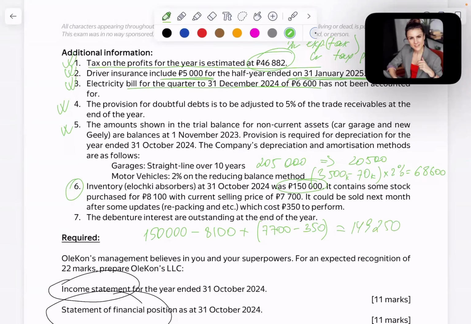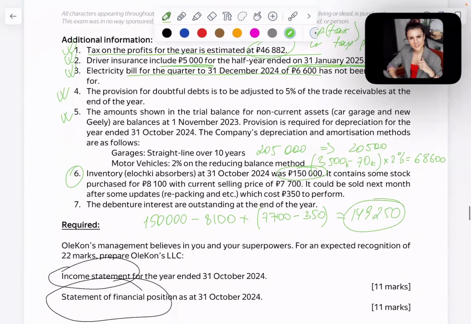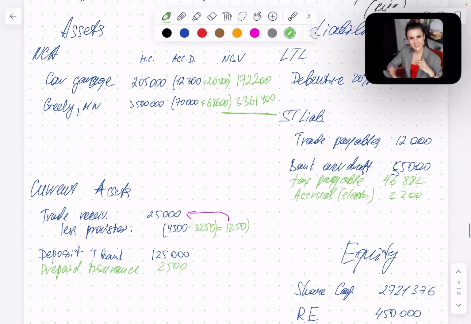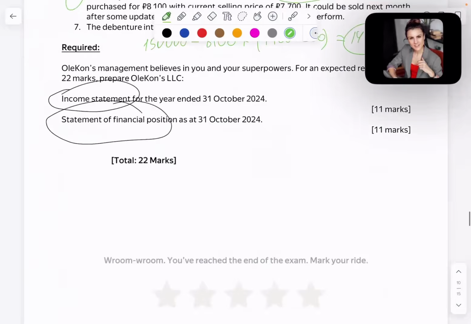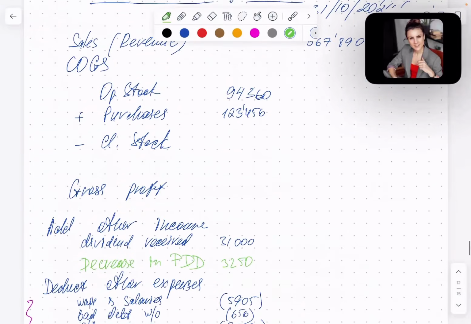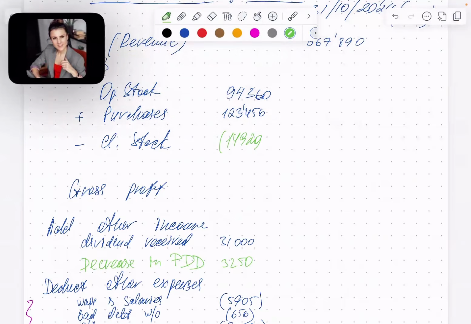And this amount should appear 2 times in our statements. It should appear as a debit, closing stock here, 149,250, and credit as closing stock in the income statement for the purposes of calculation of cost of sales. Wait, I'm sorry, I mistook the amount, 250. Great. So we have included the closing stock here.